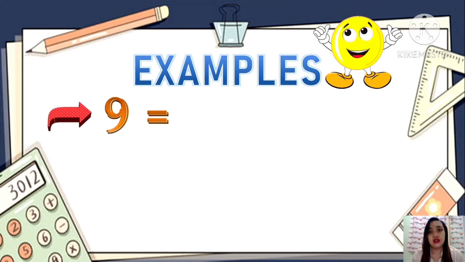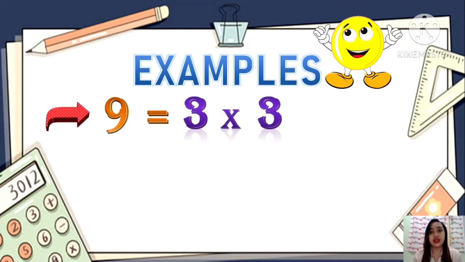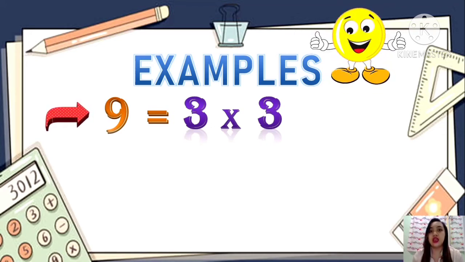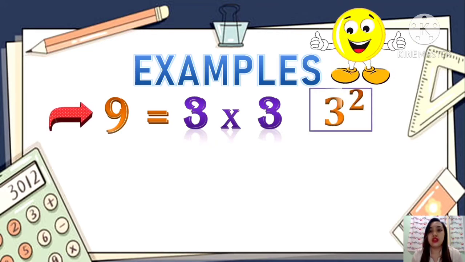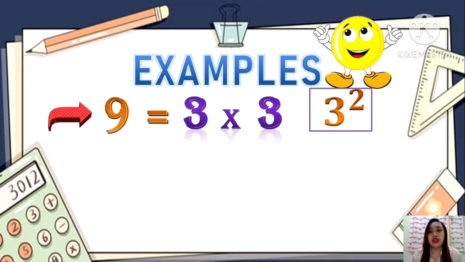So what is it? That is 3. Meaning, may isa siyang factor na kapag minultiply niya sa sarili niya, you will get 9, and that is 3. So 3 times 3, you will get 9. How can you write it? It's 3 squared. So meaning, 9 is a perfect square.